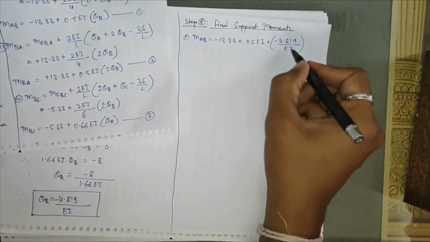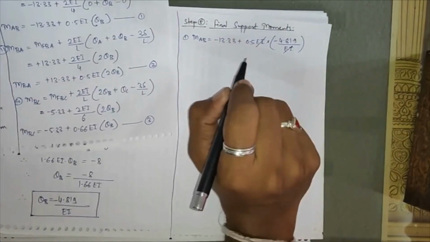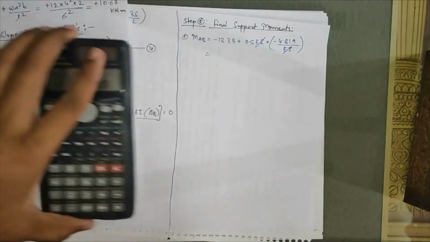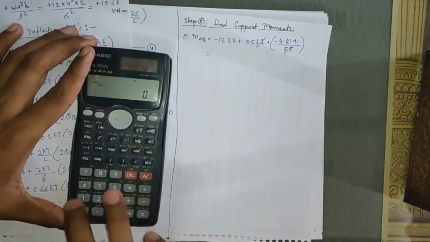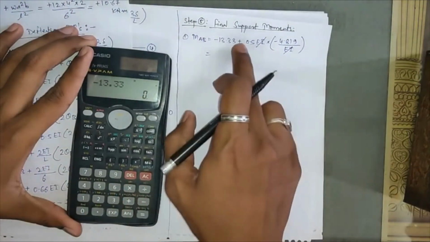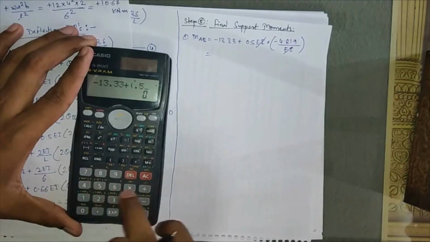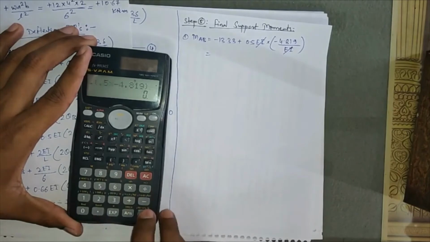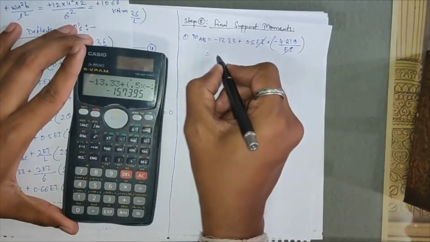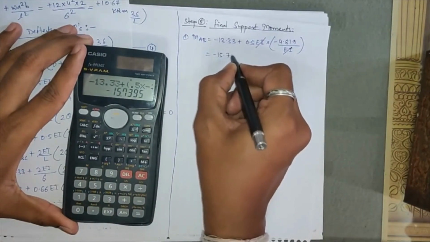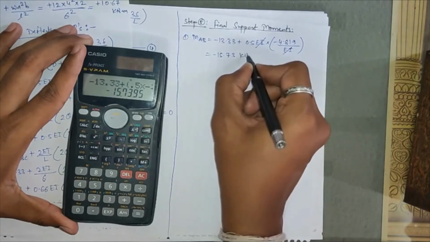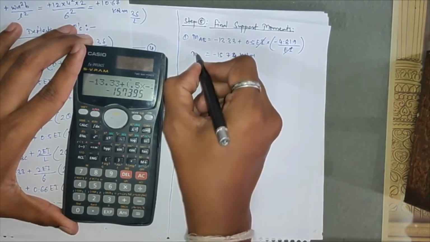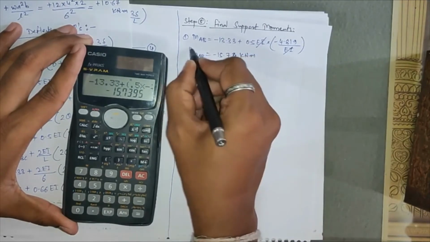This EI value, the flexural rigidity, will get cancelled. What will remain is minus 13.33 plus 0.5 into minus 4.819. That value comes equal to minus 15.74 kilonewton meter. That is my MAB value.